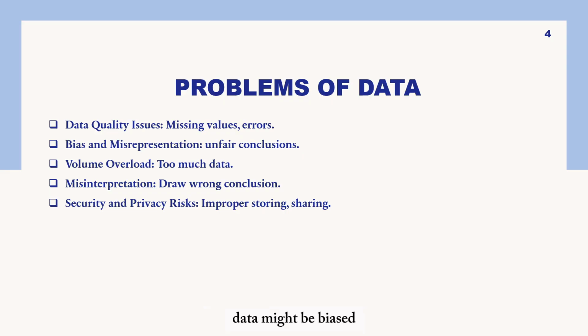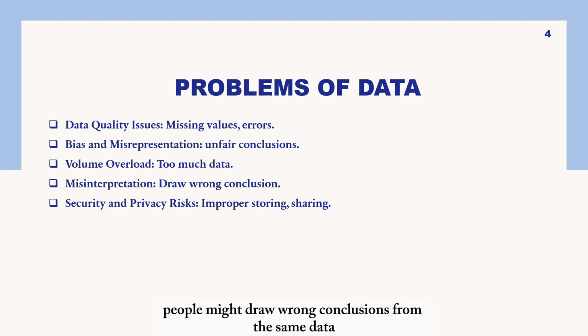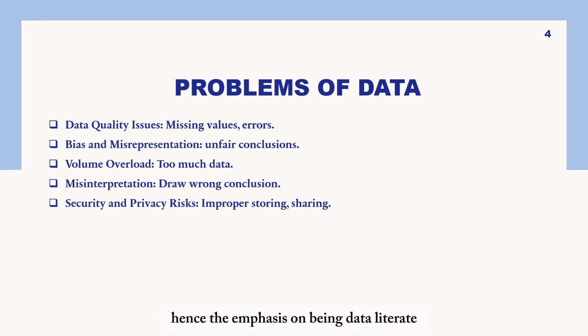Data might be biased based on how it is collected or presented, and this can lead to unfair conclusions. Another problem is volume overload. Too much data can be overwhelming and hard to sift through sometimes. Misinterpretation. You see, without data literacy, people might draw wrong conclusions from the same data. Hence, the emphasis on being data literate.